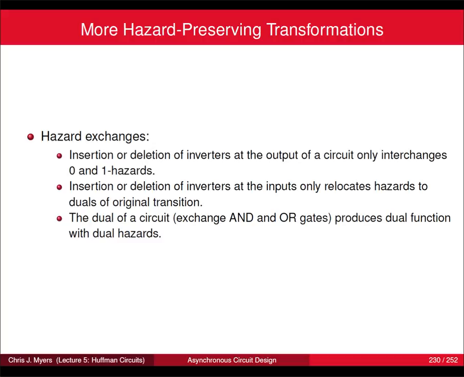So again, if you had no hazards and you apply any of these rules, you'll still have no hazards. But when I say have no hazards, one important fact is that if you think about a logic function, under any possible multiple input change, there are hazards.